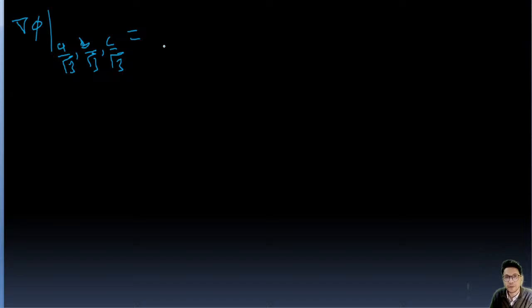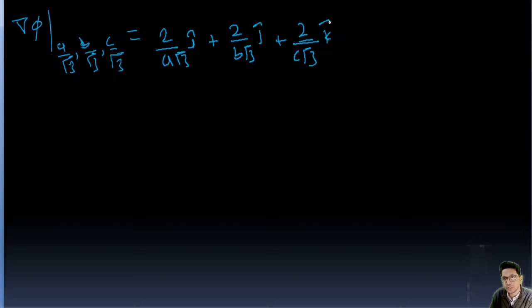So it is going to be 2 upon a root 3 i cap, the a gets cancelled, and 2 upon b root 3 j cap plus 2 upon c root 3 k cap.